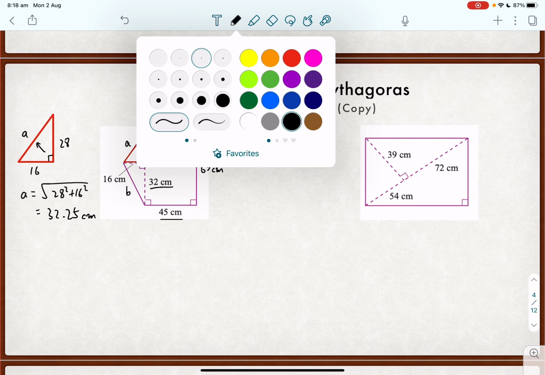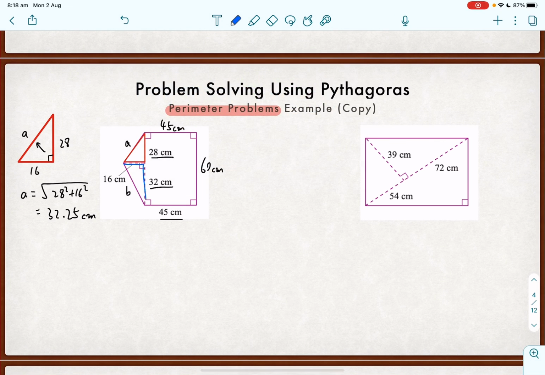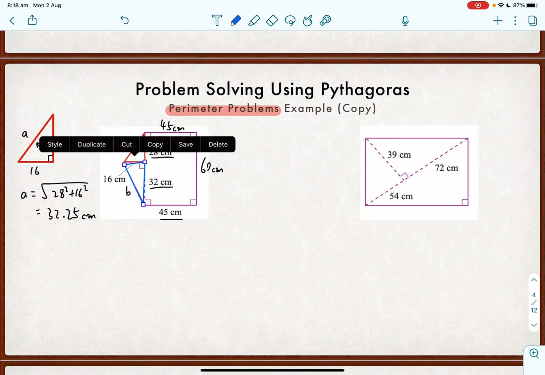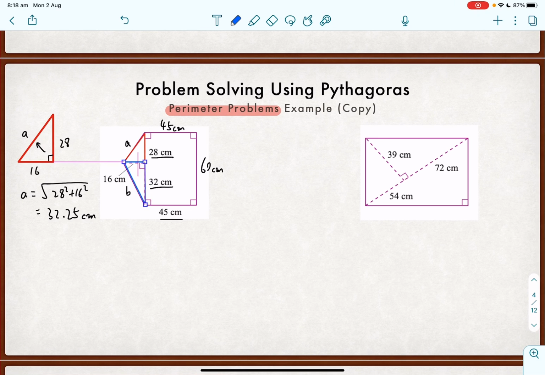Now we've got B. I'm going to do a blue one. B is in this triangle here. I'm going to copy this and bring it out here.